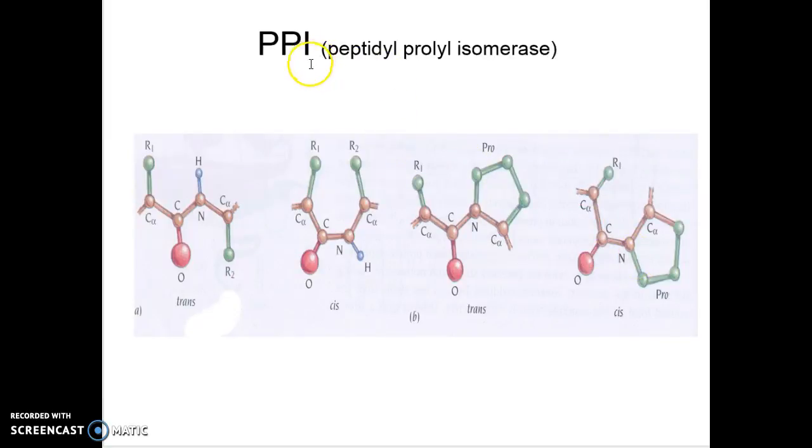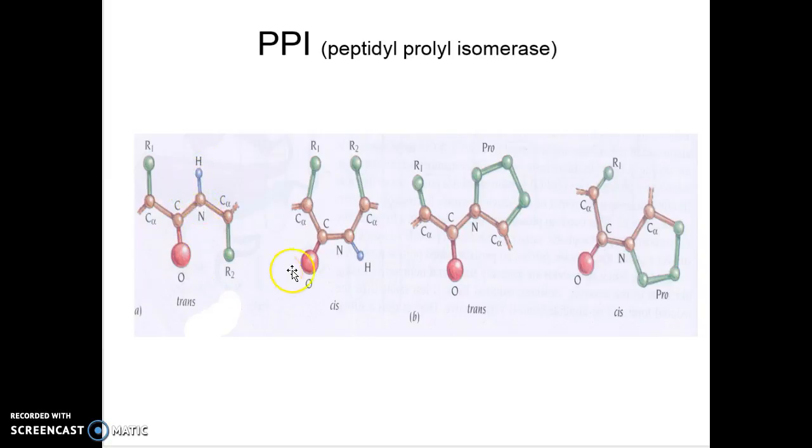Second type, PPI, is related to the proline. First, we must understand stability of trans peptide bond, where you can see CO and NH position in opposite direction, so there is no steric hindrance.